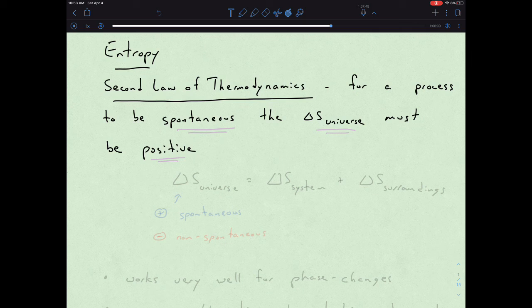And that's coming back to this expression in terms of relating the entropy of the universe to the system and the surroundings. So that's really the distilled down version for a spontaneous process. Our delta S of the universe needs to be positive.